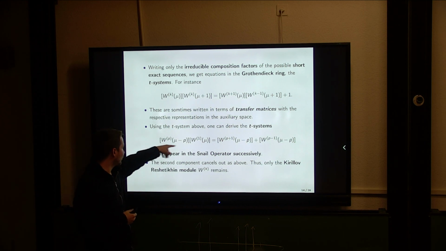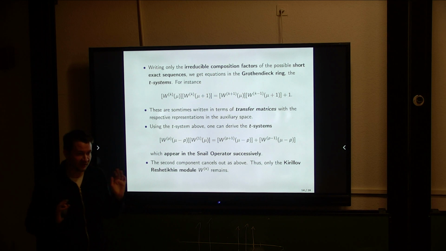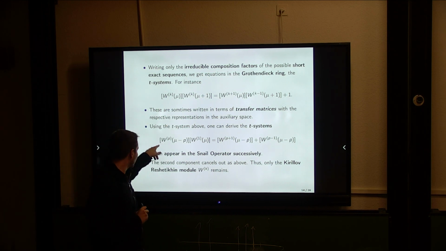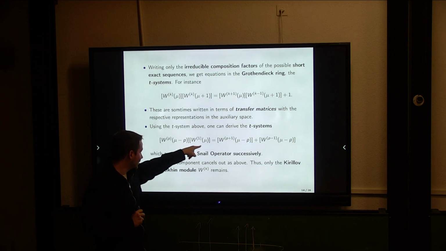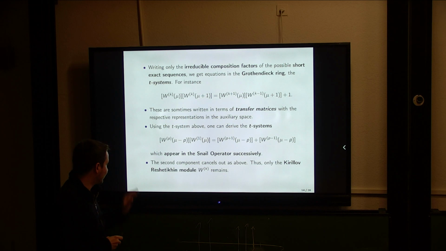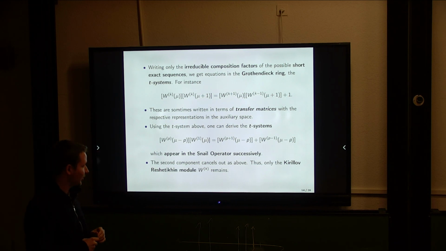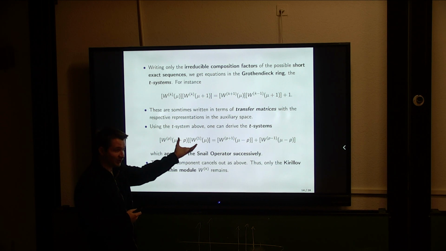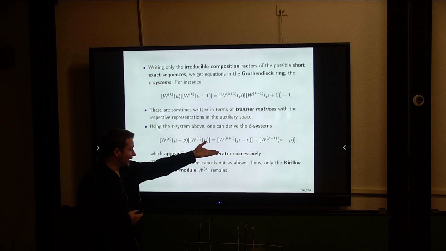So WP times W1, and I want to know what that is. I can use these systems to derive this equation: WP times W1 equals WP plus 1 plus WP minus 1 with some shift in the parameters. And this is what really happens in the Snell. I take the WP, I tensor another fundamental spin 1/2 representation, and I get this.